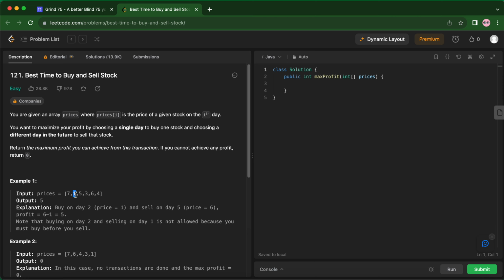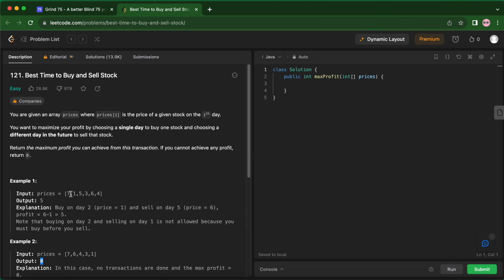Whenever you want to sell, you have to make sure that the selling price is greater than the buying price. Only then is there a profit, otherwise we'll return 0. In this case, if you buy at 7, there is no other price you can sell at to make a profit. Even if you buy at 6, there is no bigger number to sell at. For 4, 3, 1 as well. That's why the output is 0.